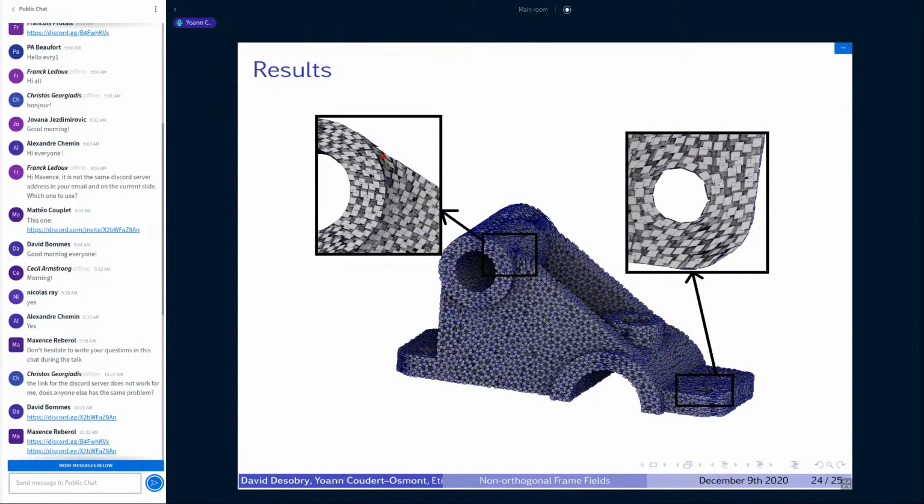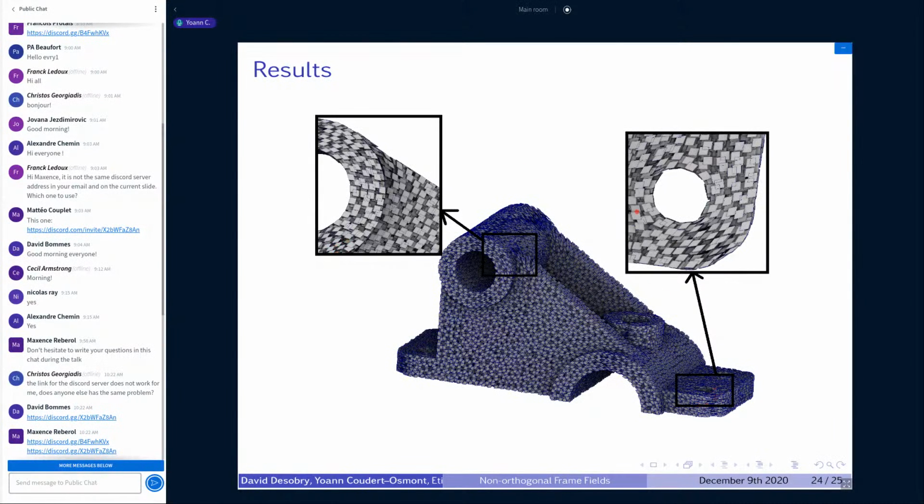It's an interesting result because it is a complicated part to mesh, and orthogonal frame fields will always fail at this point. But we can also see that frames in the ring here are not orthogonal. So it's not what we could expect, and it's not clear why it's bad.